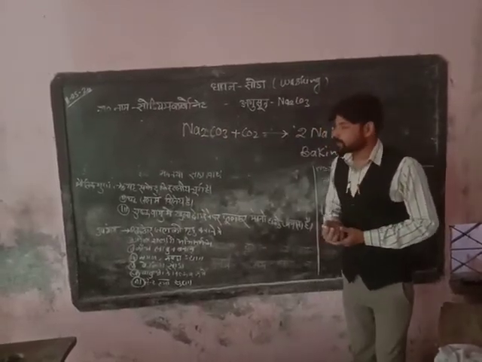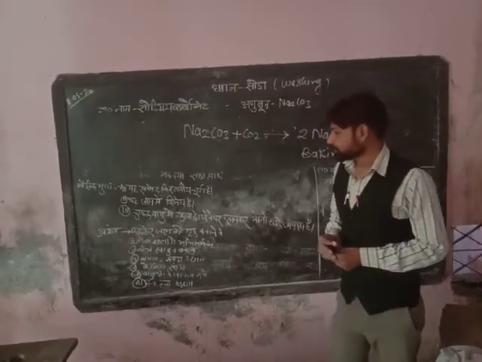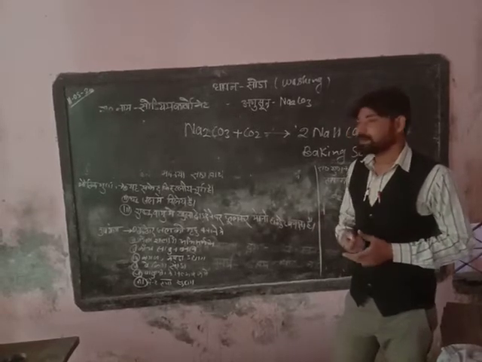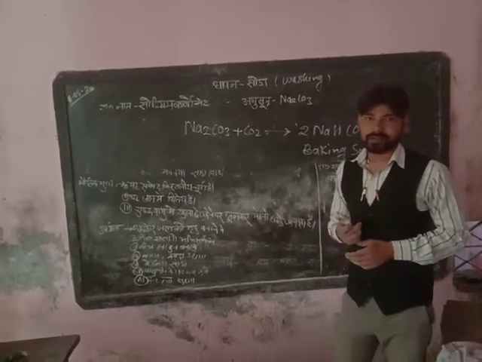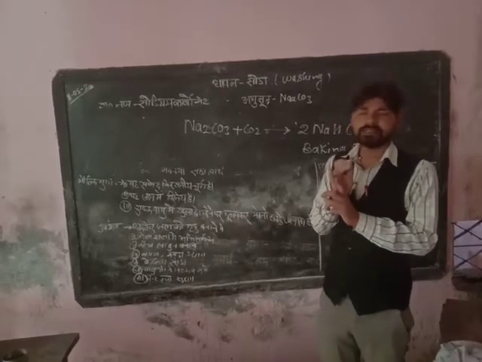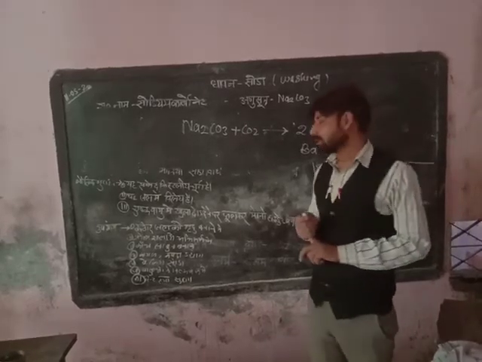Now we study the uses of washing soda. You can note them down. The first use of washing soda is in the conversion of hard water into soft water. It is used as a reagent in the laboratory.